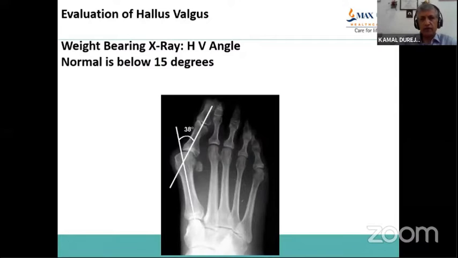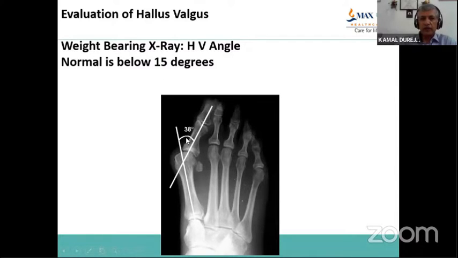Hallux valgus or the bunion, these are another area where the standing X-rays are very important. Weight-bearing X-rays are very important for the assessment. And we try to calculate the axis of the proximal phalanx and the axis of the metatarsal and the angle subtended by them. Normally, it should not be more than 15 degrees. But if it is more than that, we know that it is a hallux valgus.